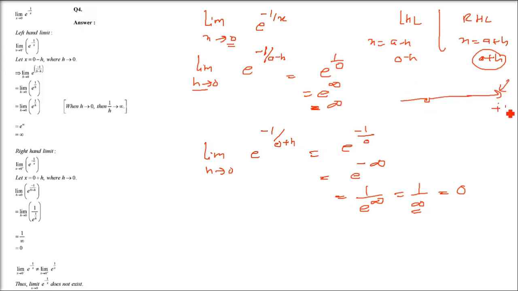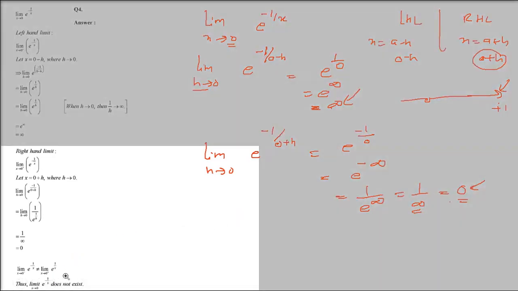You will never reach that infinity, because to that number I will always add 1. Infinity goes beyond our comprehension, but 1 divided by it is 0. So you have left hand limit infinity and right hand limit 0. They are not equal, so the limit does not exist.